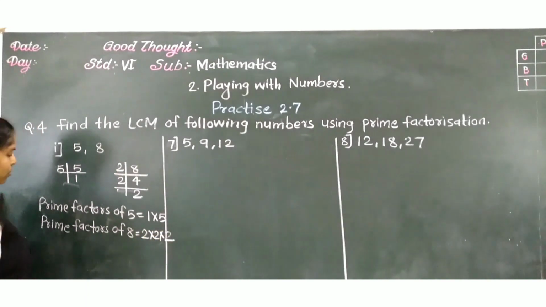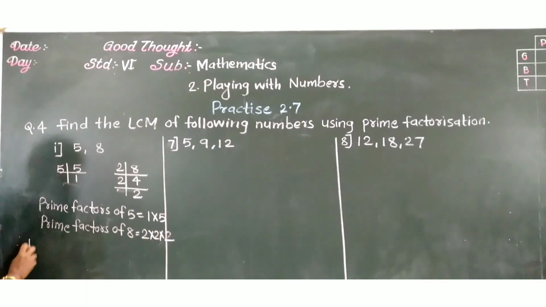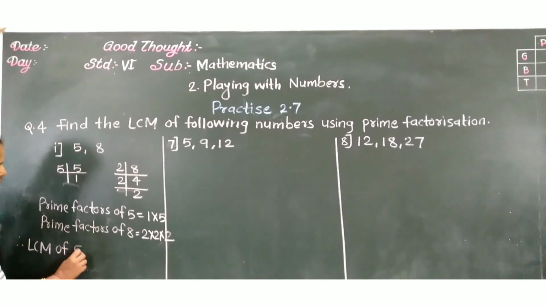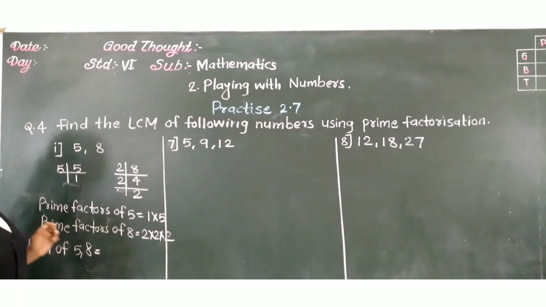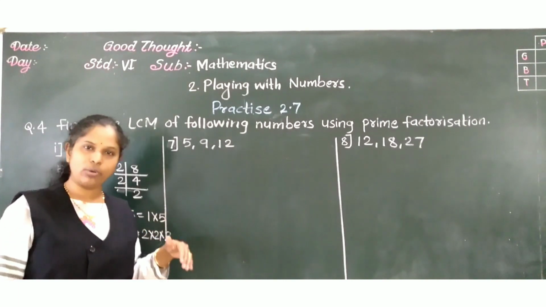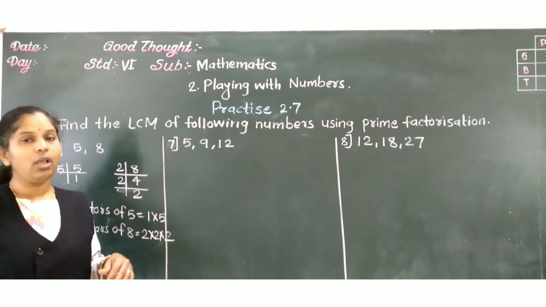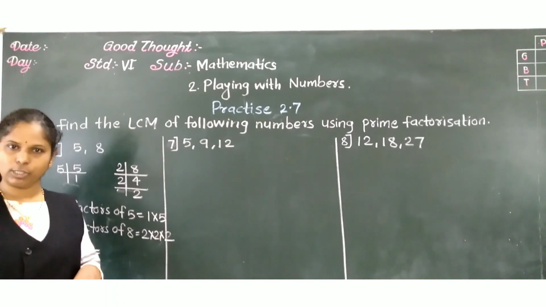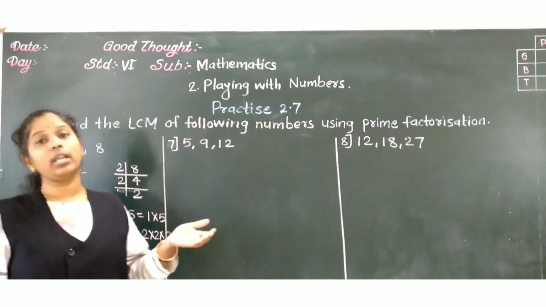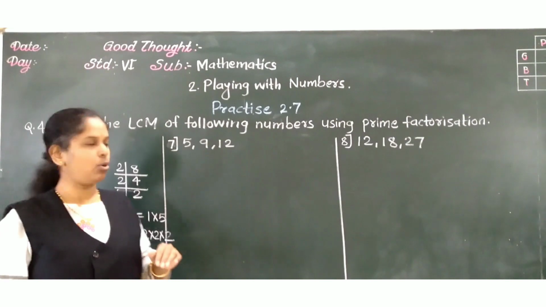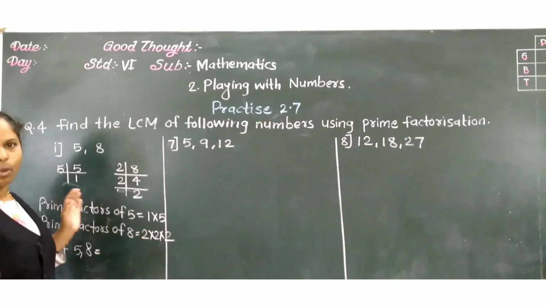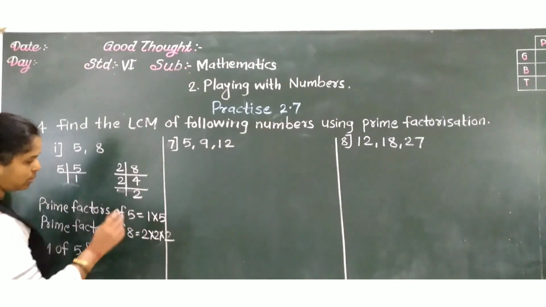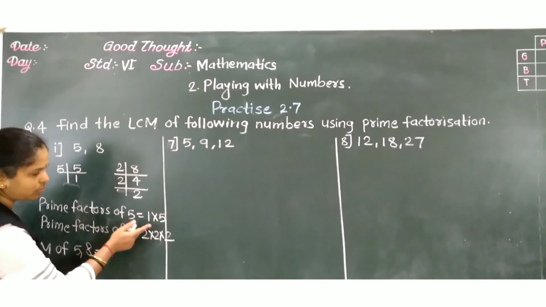Now, therefore, LCM of 5 and 8. See here, while finding out LCM, what do we have to do? We have to take common factors and also uncommon factors. So here see, nothing is common. Not a single one is common.